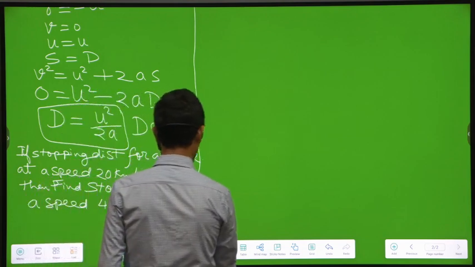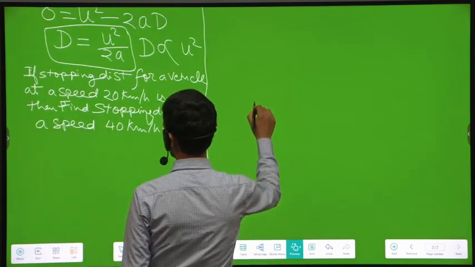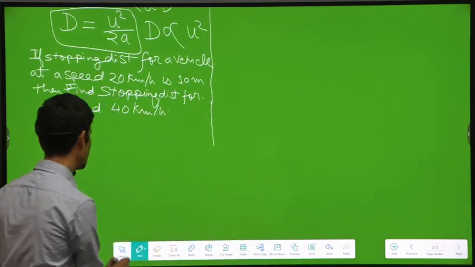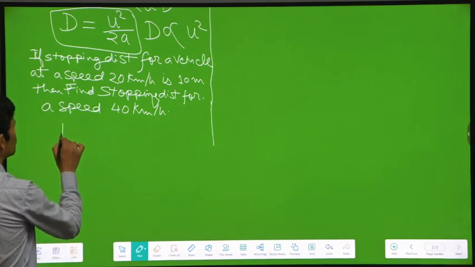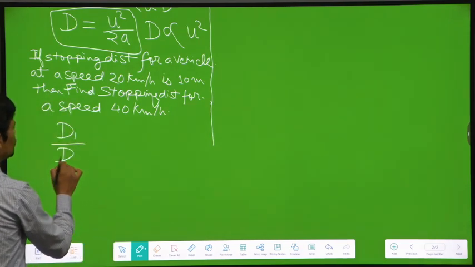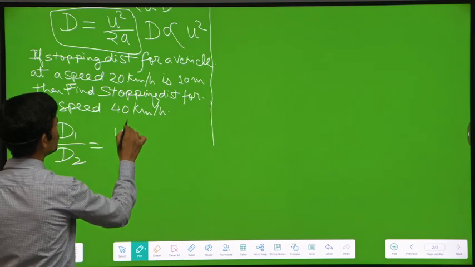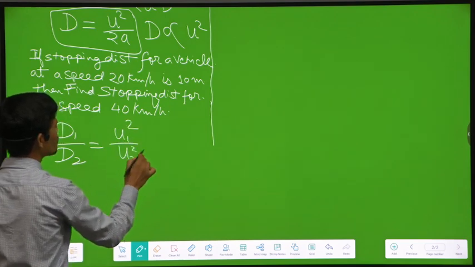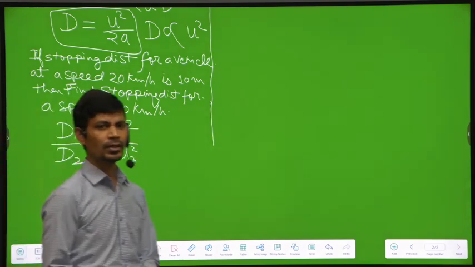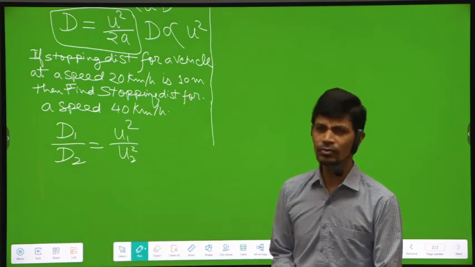In order to solve such a problem, we can say d1 by d2 is equal to u1 square by u2 square, because it is directly proportional to u square.